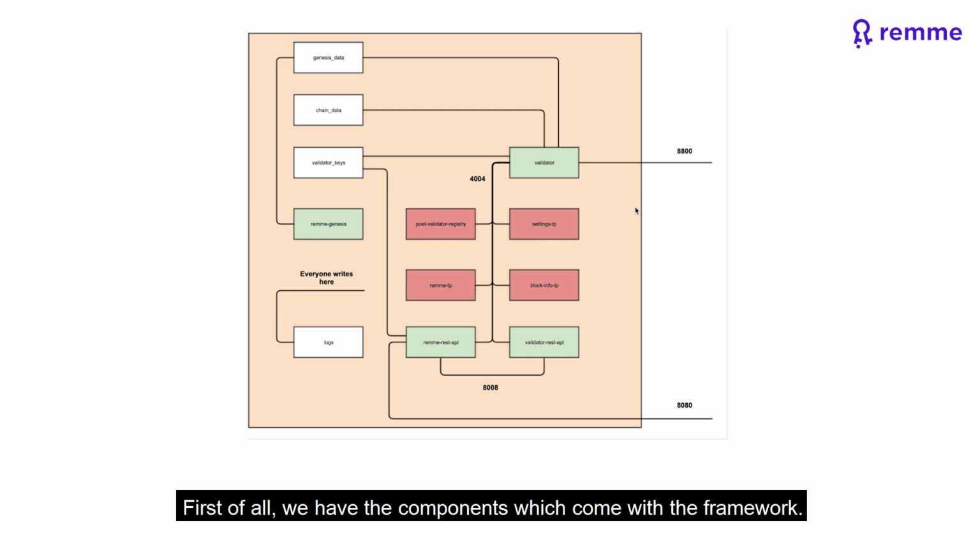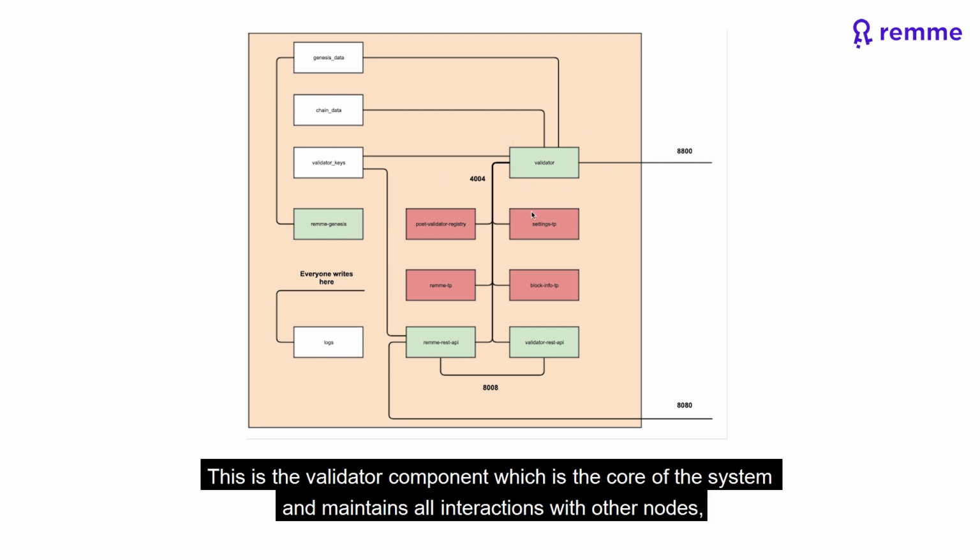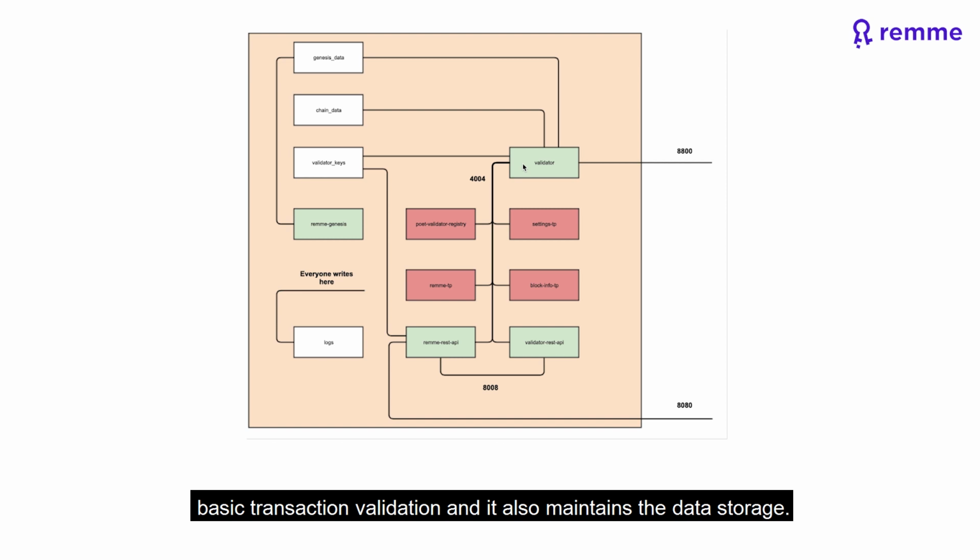First of all, we have the components which come with the framework. This is the validator component, which is the core of the system, which maintains all interactions with other nodes, the basic transaction validation, and it also maintains the data storage.